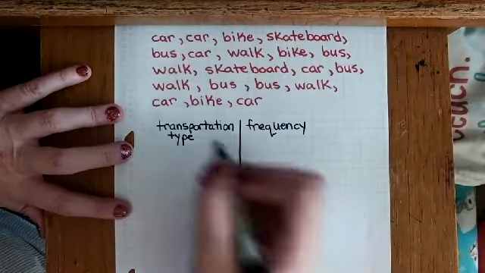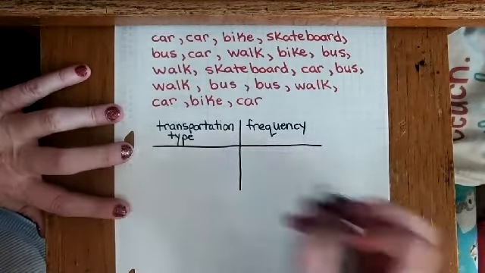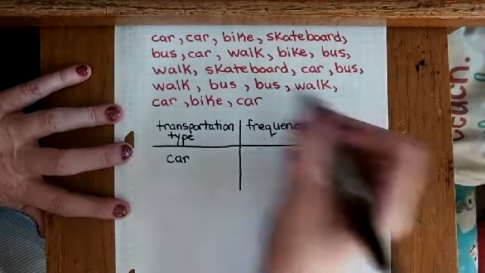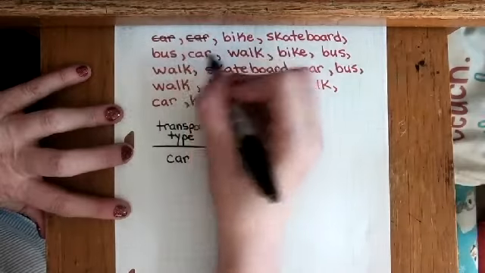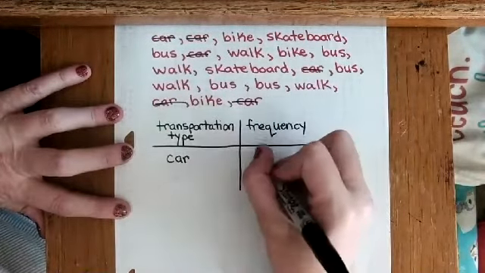So if we look through this list of data, we see the car. We see the car represented 1, 2, 3, 4, 5, 6 times.